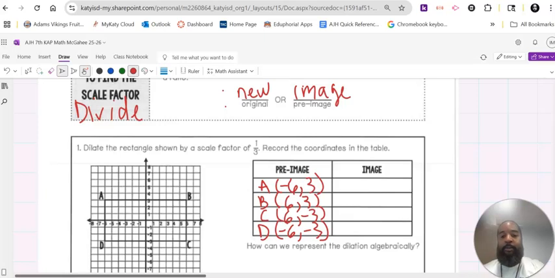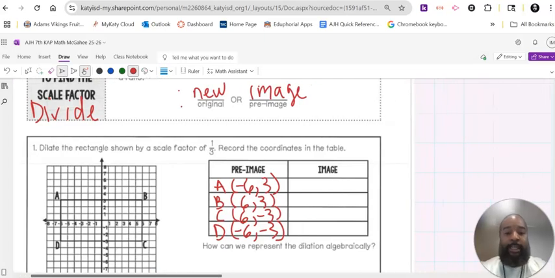Now we're going to apply the scale factor of 1/3. I'm going to write over here to the side for a second. For the new A, with that prime notation, which looks like an apostrophe but lets me know that it's new, we multiply negative 6 by 1/3.